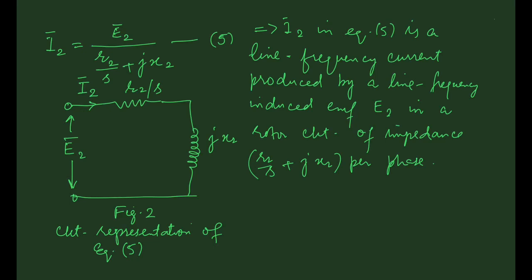Therefore, if the rotating rotor of figure 1 is replaced with a stationary rotor of figure 2 having the same number of turns, the rotor MMF will remain unaltered, and therefore the stator will not be able to differentiate the two rotors, and hence the power transferred across the air gap will remain unaltered.